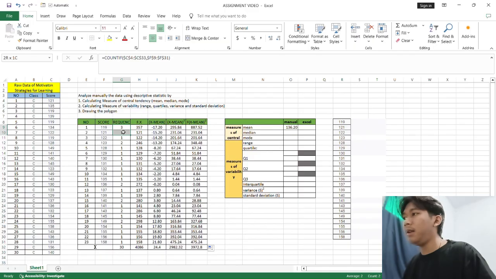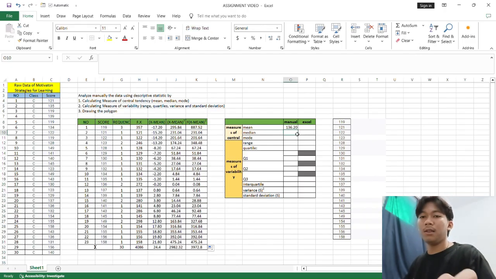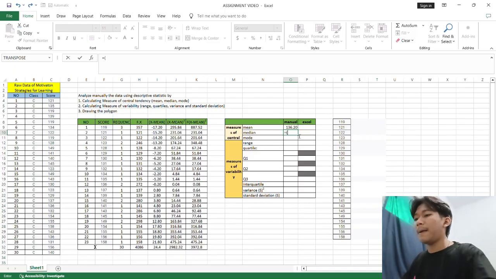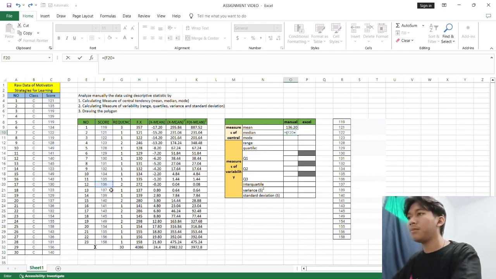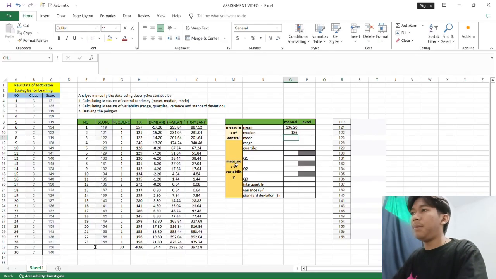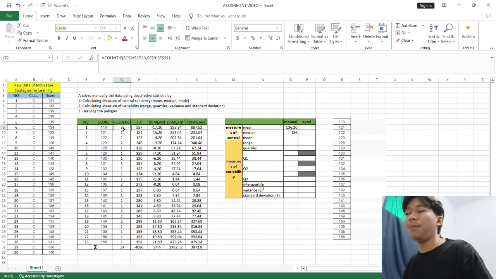We have 30 data, and I think the median will be at the 15th and 16th, which is 136 plus 136 divided by 2. So there we have it. The median is 136.